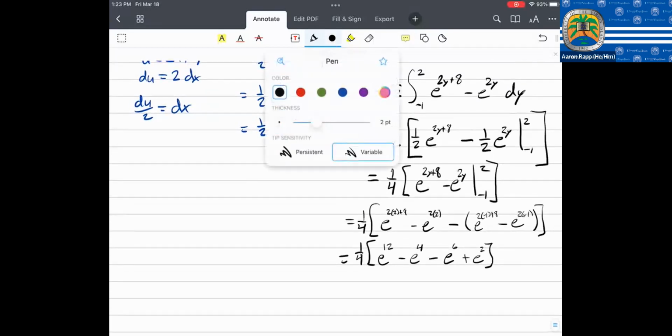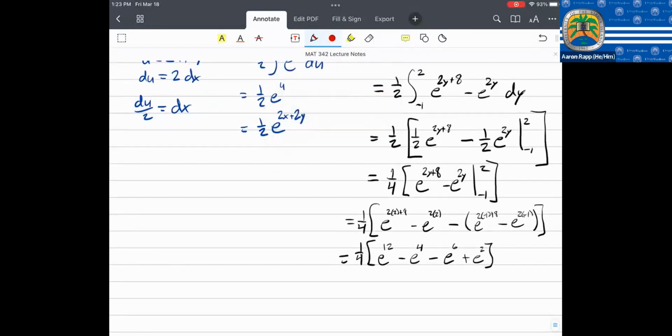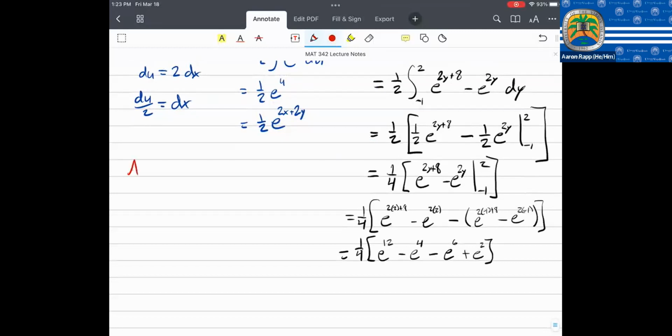If you're feeling rusty with some of this integration stuff, the easy answer is to go back and look at OpenStax Volume 2, where you go through pretty much all of your calculus, with a lot of explanations. However, Appendix A of our textbook has a nice big table of all your integrations.